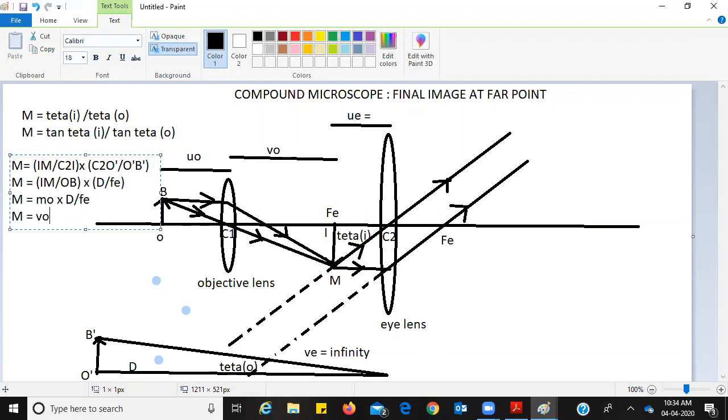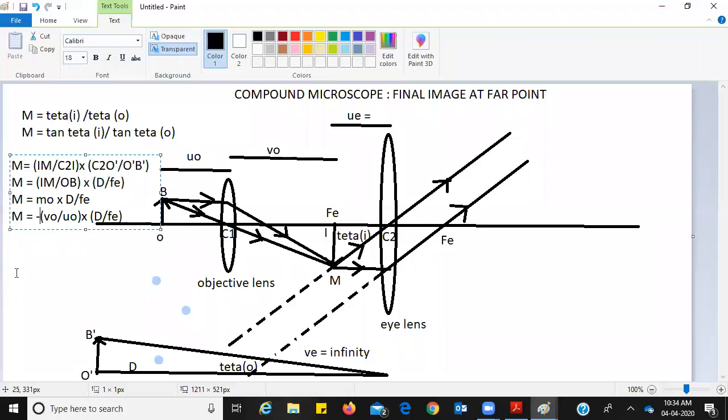Then it can be V O by U, minus. The minus sign we will give last by sign convention. With sign convention it will be minus. That's the result.